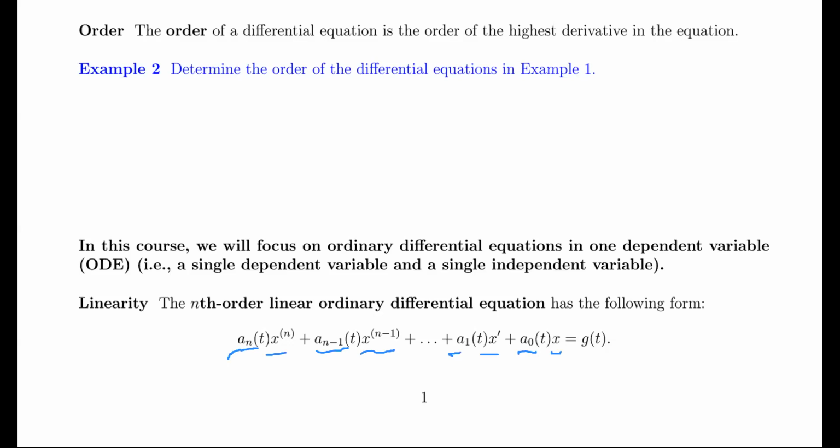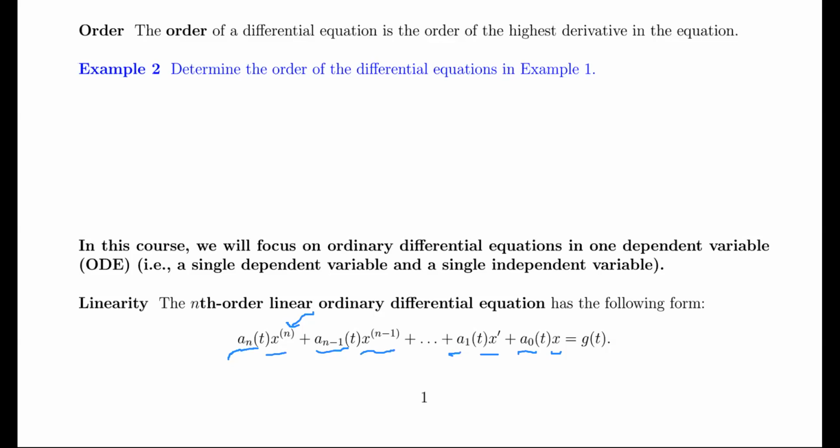As long as that is the case, we have an nth order equation because our highest derivative is n. And it is linear because nothing happens to these derivatives of x except being multiplied by these functions of t.